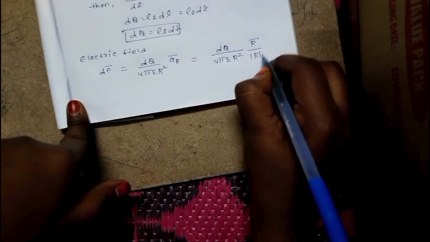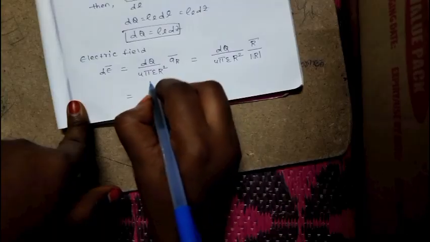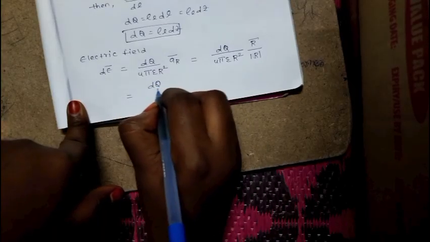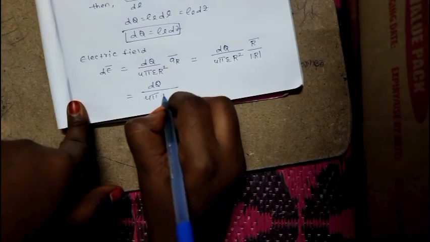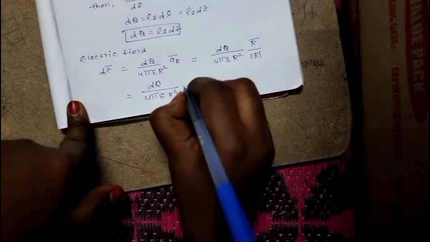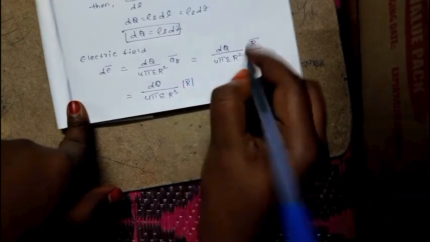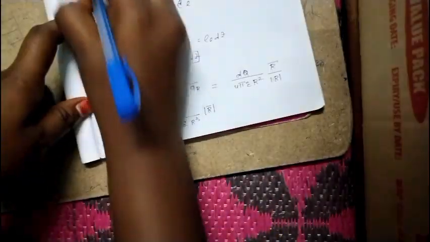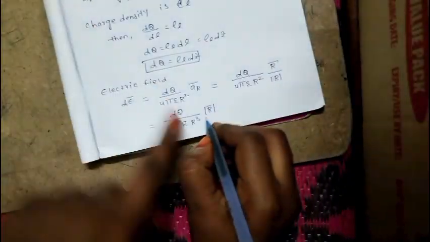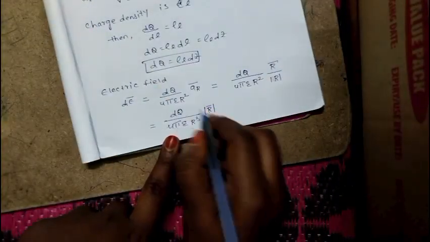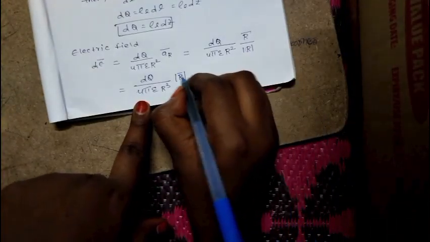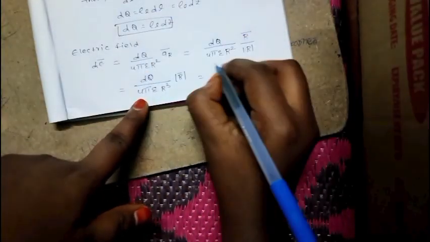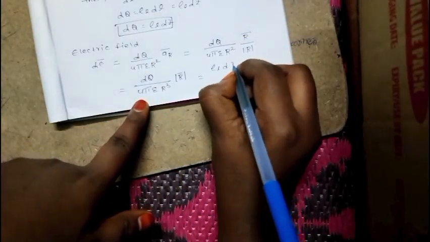This r square times mod r is equal to r cube. So dq by 4 pi epsilon r cube times r bar. For this r bar by mod r bar, we have to substitute this formula. For dq also we have to substitute rho L dz.